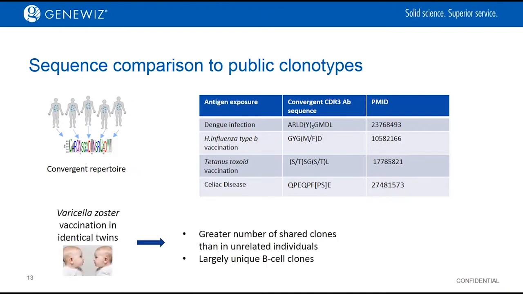One example illustrating a limited disease-specific repertoire convergence is analysis of identical twins vaccinated with varicella zoster. Researchers found that twins had a larger number of shared clones than unrelated individuals, but their immune response was largely dominated by unique B-cell clones.